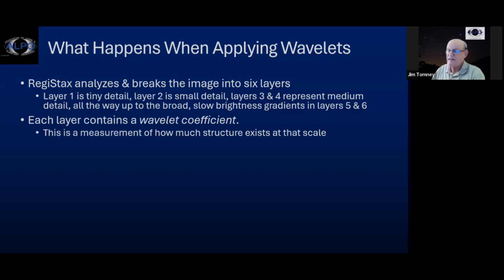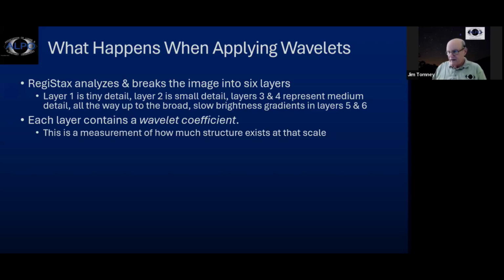So each layer contains basically a wavelet coefficient. And this is a measure of how much structure exists at that scale. For example, in level 1, it's going to take your image, and at each pixel, assign a coefficient for how strong that particular pixel seems to be involved with small, fast changes. And each layer, same sort of thing.